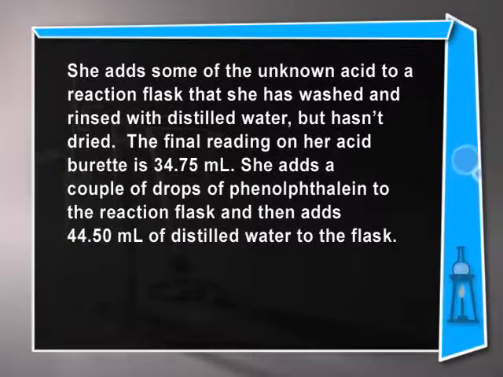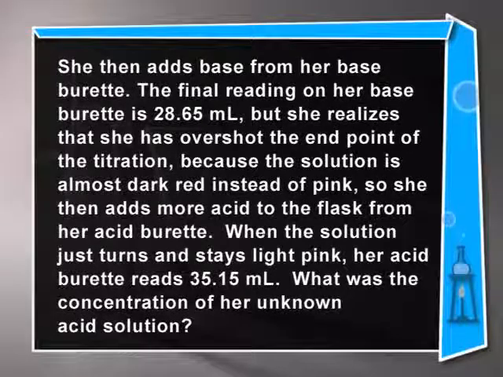She adds some of the unknown acid to a reaction flask that she has washed and rinsed with distilled water but hasn't dried. The final reading on her acid burette is 34.75 milliliters. She adds a couple drops of phenolphthalein to the reaction flask and then adds 44.50 milliliters of distilled water to the flask. She then adds base from her base burette.